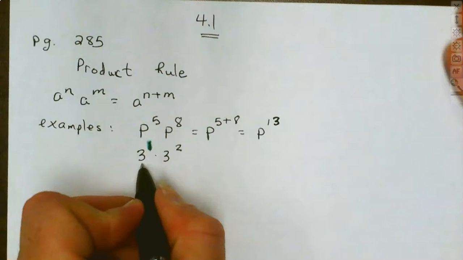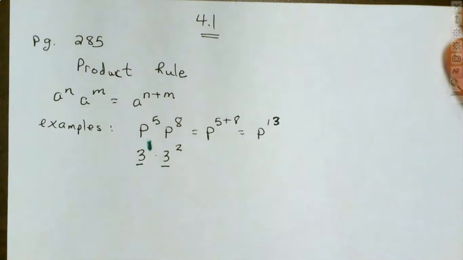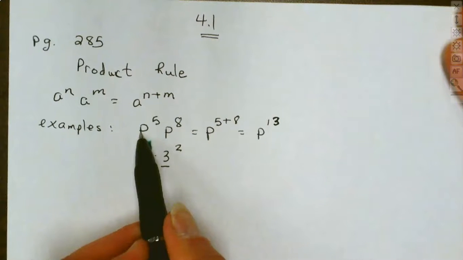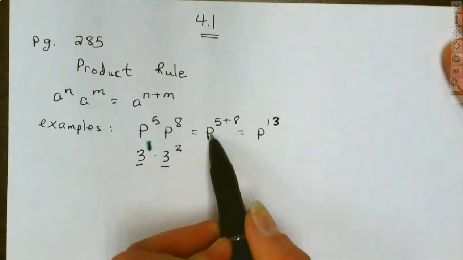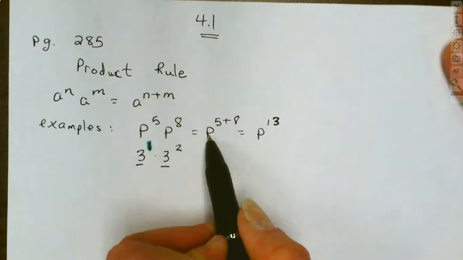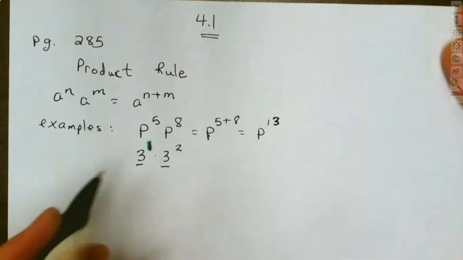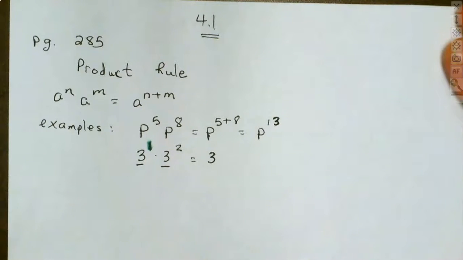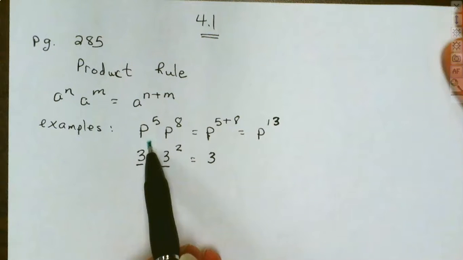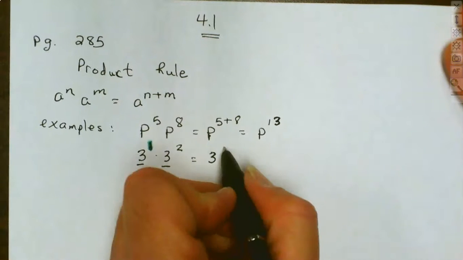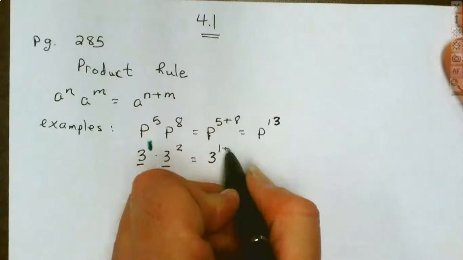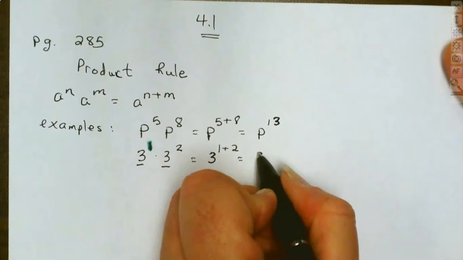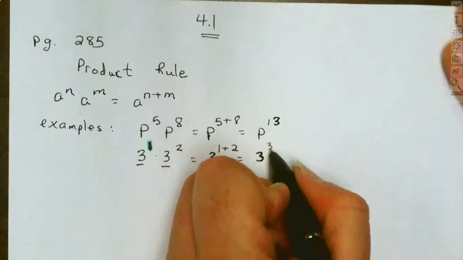We're not going to multiply the 3's together because they have the same base, just like up here. These had a base of P, so that came out as a P over here. These have the same base, which is a base 3. There's no number for the exponent, so we have a 1. So that's 3 to the 1 plus 2 power, which is then 3 cubed.